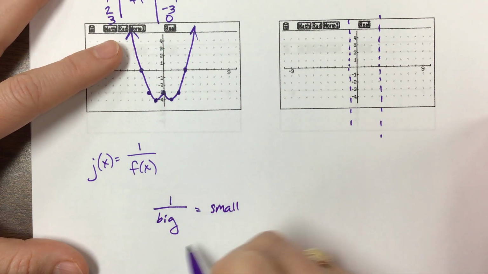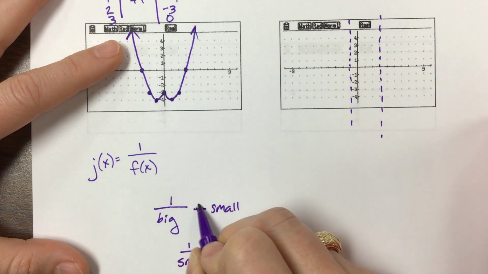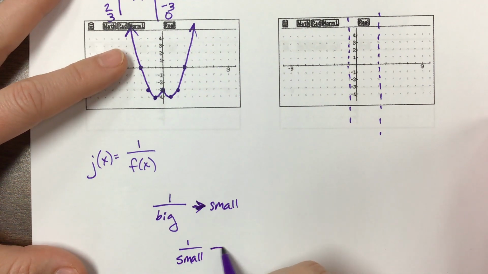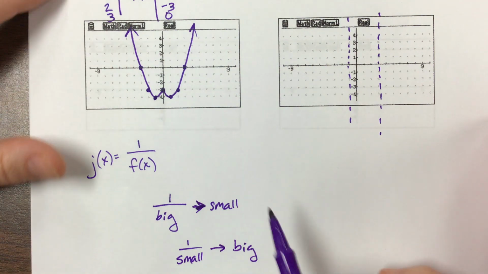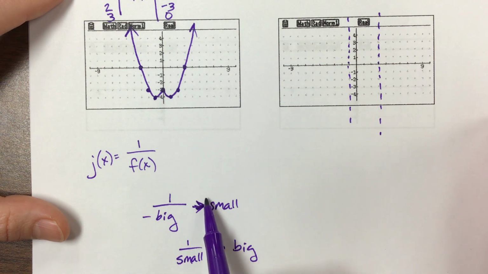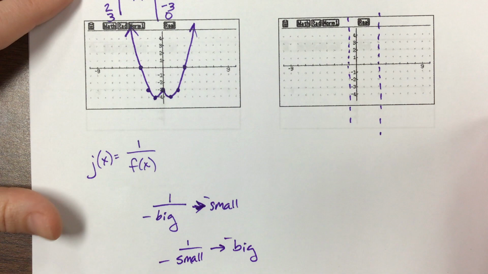If I have 1 divided by something that's really small, it becomes, the bigger this gets, the smaller that gets. The smaller the denominator gets, the bigger the value becomes. And then same idea, if I made this a negative big number, it becomes a negative small number. Or a negative small number here becomes a negative big number there. That doesn't make a whole lot of sense.